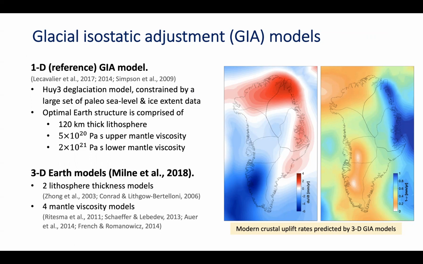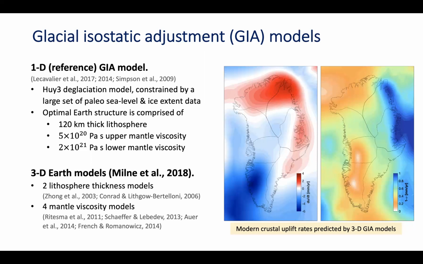What they found was that for Greenland, the optimal thickness of the lithosphere is about 120 kilometers, and the optimal upper mantle viscosity is 5 times 10 to the 20 pascal seconds, and the lower mantle is much stiffer than that. These are the typical values that represent the cratonic regions.